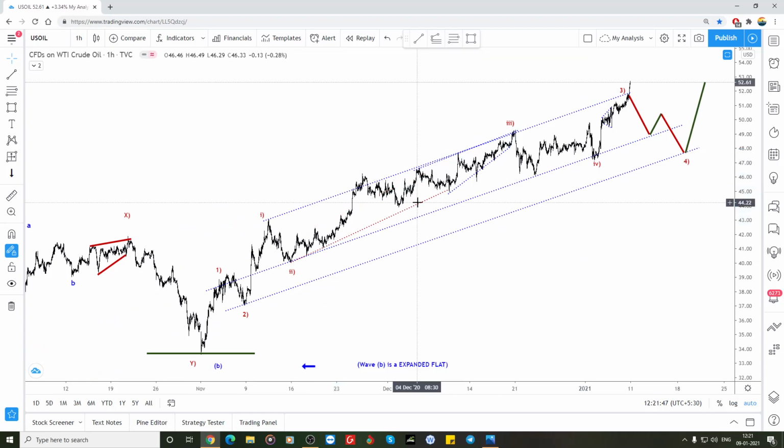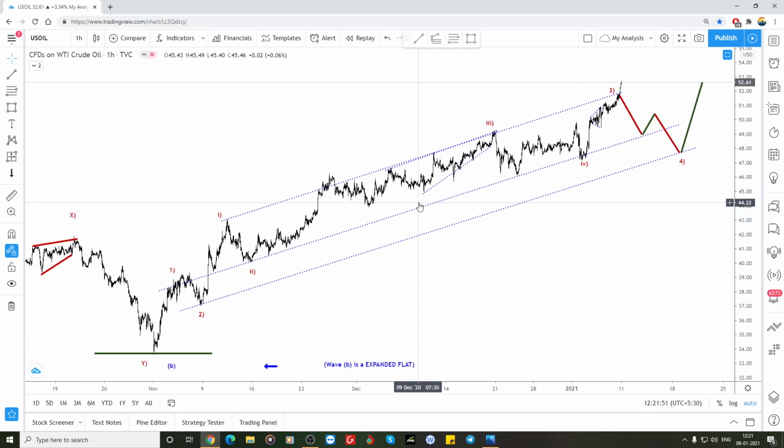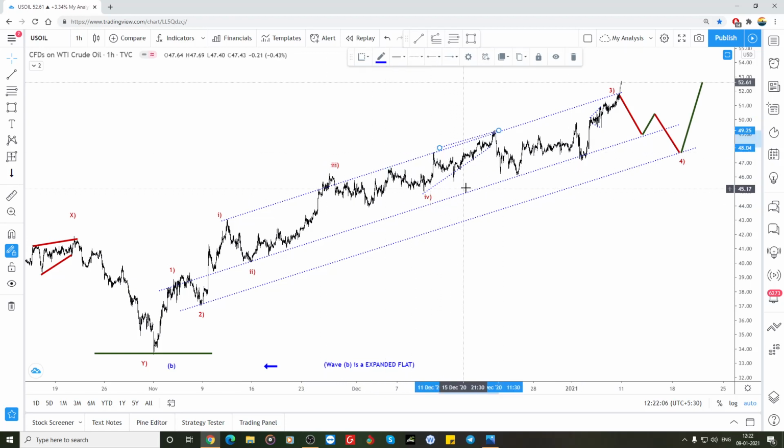So what it means, because, as I said, there can be one more wave to the downside, or it can be on the upper side also. So the third wave can end here, this fourth wave can be here, and the fifth wave is a diagonal triangle.